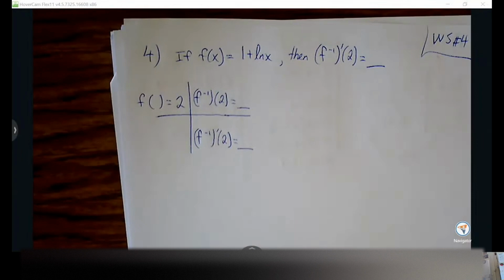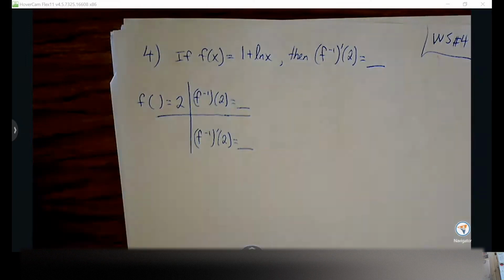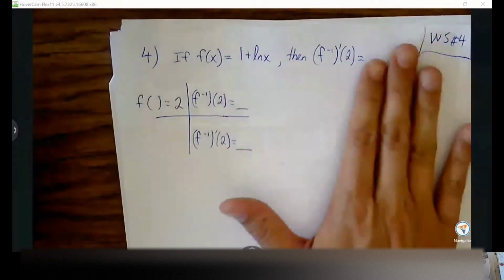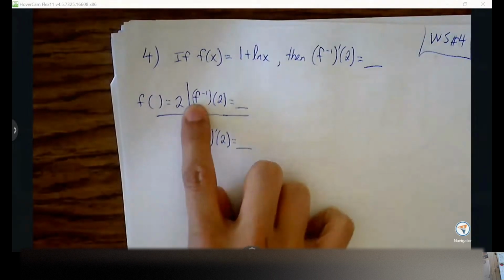We should always be able to fill this in without looking at any other parts of the problem, right? I know that I don't have anything on the inverse side. I do have my functions, so I'm going to make that connection.